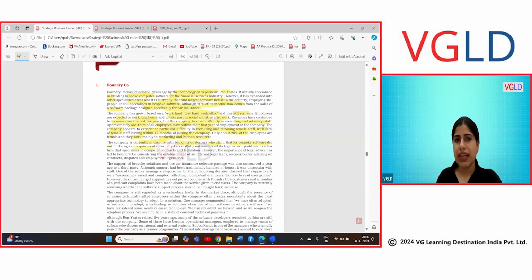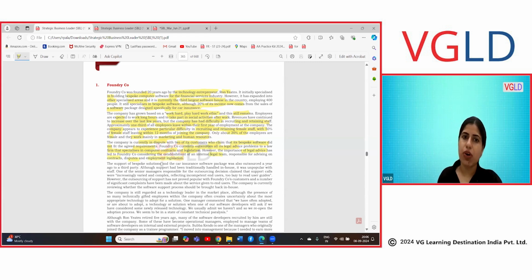The Foundry company currently outsources all its legal problems to a law firm that specializes in computer contracts and legislation. However, the cost of legal advice has led the Foundry company to consider establishing an internal legal team responsible for advising on contracts, disputes and employment legislation.